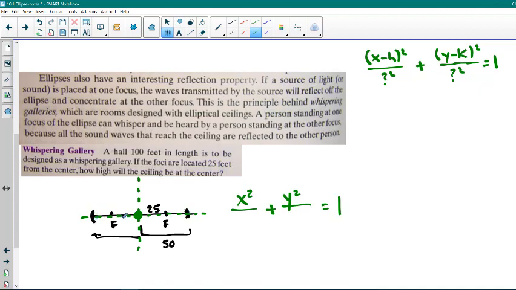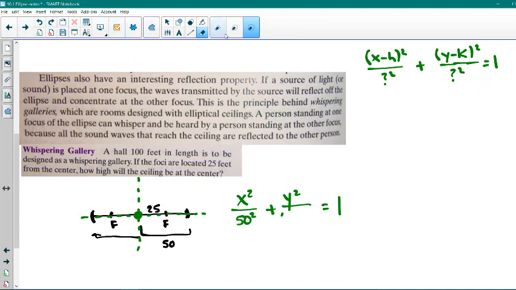I know that this was 100, so from here to here is 50. The denominator of my x term is 50 squared. Well, the whole question is how high to make this ceiling. So I really ultimately need this information, and I'll be able to figure that out.